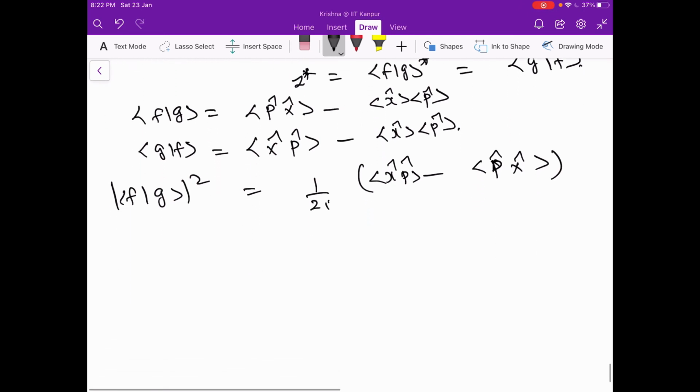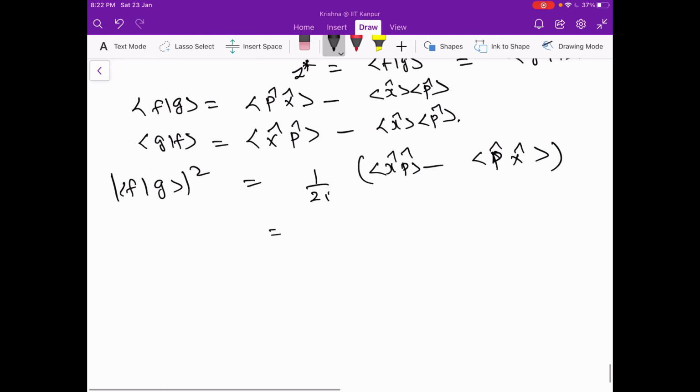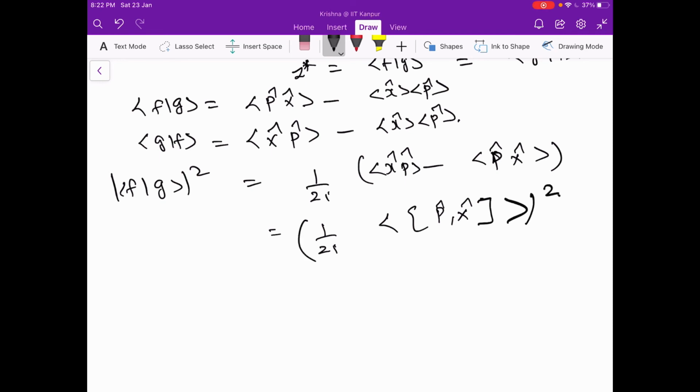And this precisely is 1 by 2i expectation value of p comma x. P comma x is the commutator, so the expectation of the commutator square.